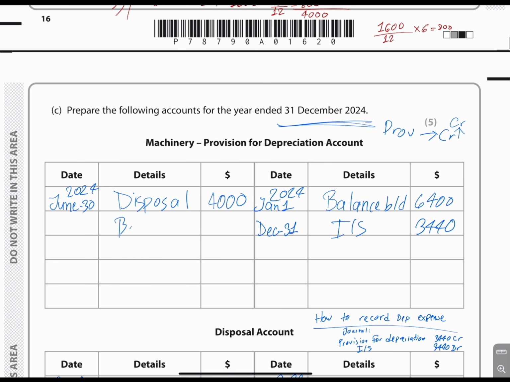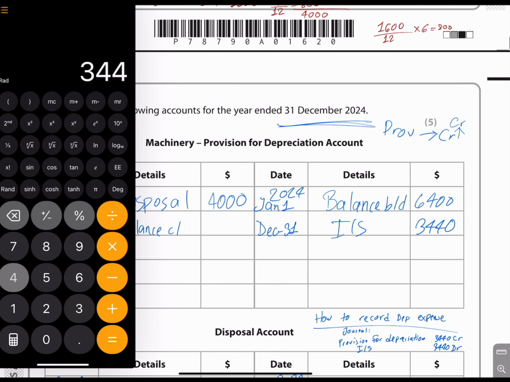Now the balance c/d will be on this side because this side is lower. How much? Let's see, 3,440 plus 6,400, so the total is 9,840 minus 4,000, 5,840.